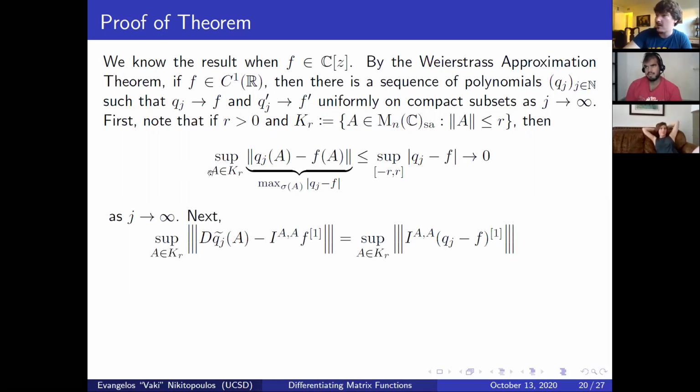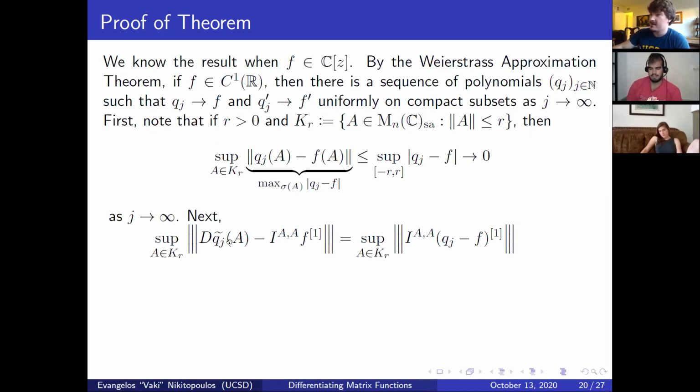That's number one. Number two, we're going to look at the derivative of Qj at A and the putative derivative of F at A. That's this double operator integral thing that I claimed it was. So this is the formula I claimed, and we actually proved the formula for polynomials by citing the example of derivatives.